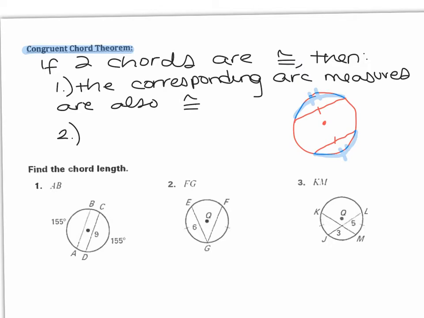Number two tells me when two chords are congruent, then the center is equidistant to both chords.